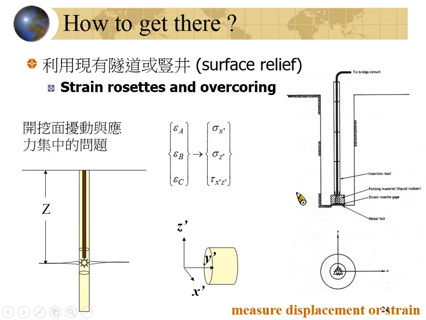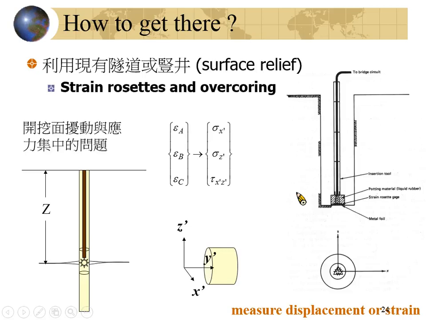Maybe you already did this homework. The distribution of the sigma theta and the sigma r, right? So the sigma r and the sigma theta always change with distance to the tunnel surface. Okay? For this kind of measurement, you always try to measure the sigma r or sigma theta.